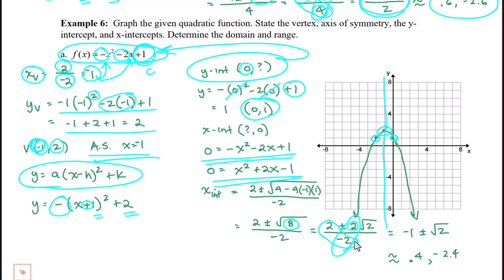It's a common denominator. 2 over -2 is -1. And if it's plus or minus, it really doesn't matter if I divide by a negative or a positive. It's still plus or minus. Here are my x-intercepts. And again, we approximate them and draw our parabola.